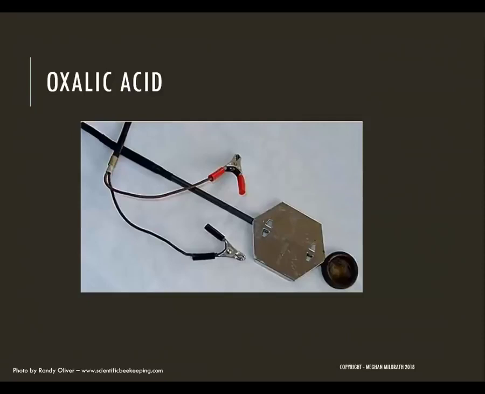If they're already sick, then this little oxalic acid treatment to knock down the phoretic mites is not going to be sufficient. But if my bees are already healthy, it means that in the spring, when they first start to raise brood, you're not going to have a bunch of adult mites that overwintered in the cluster jumping into those first few generations of brood and affecting them right away.